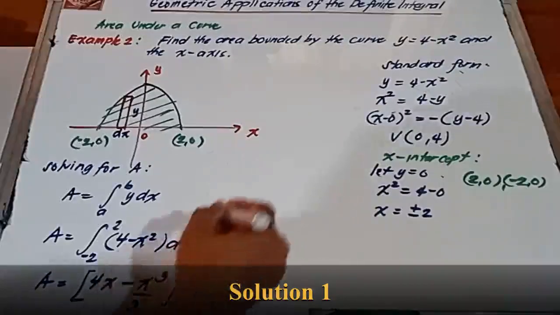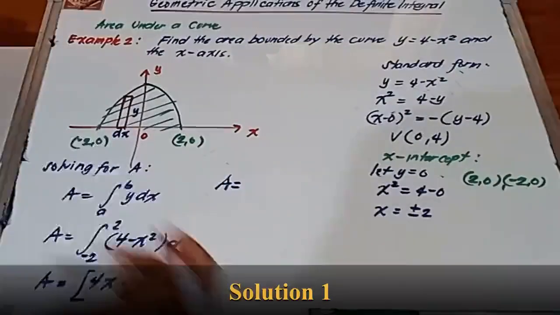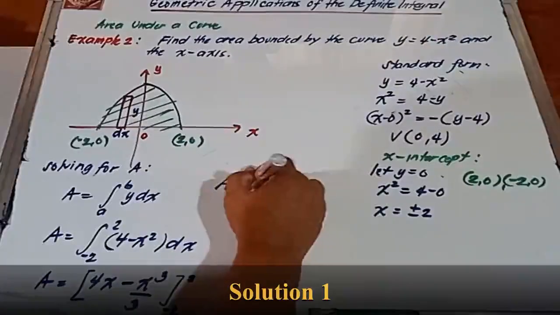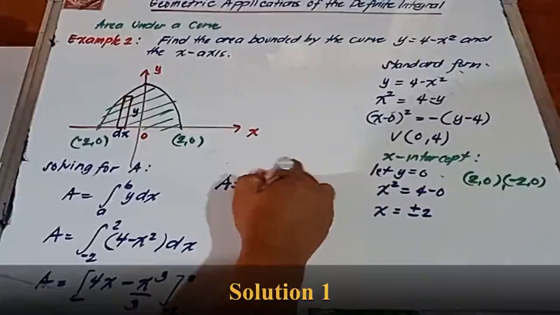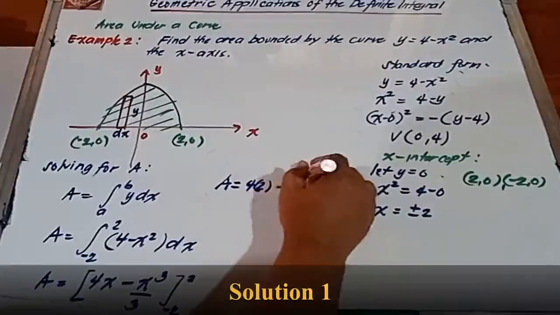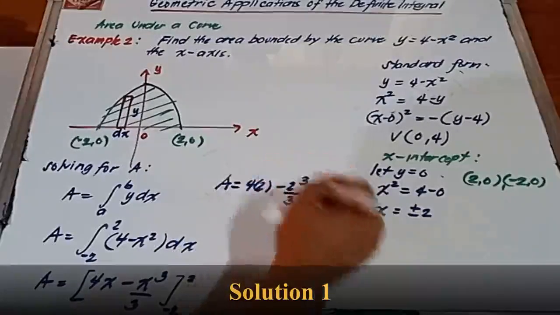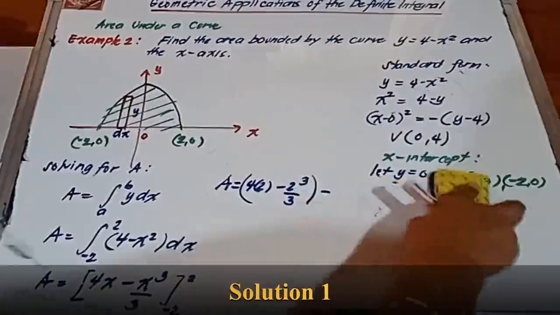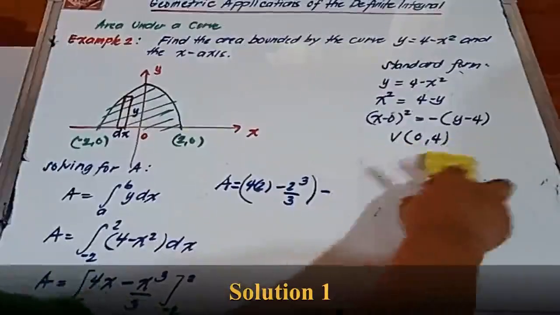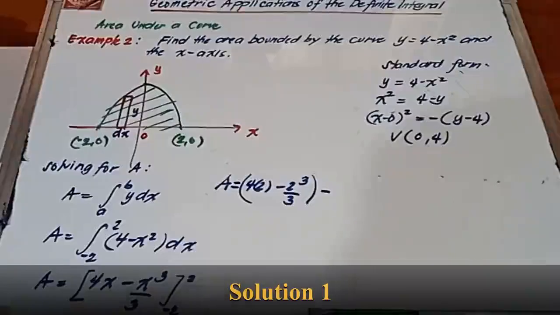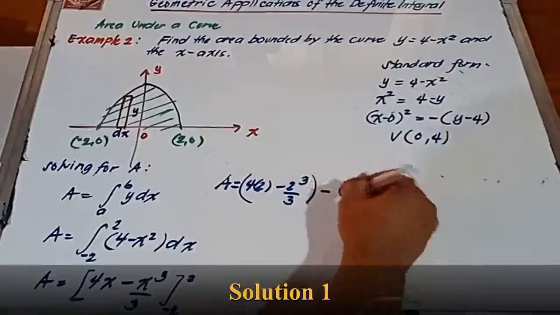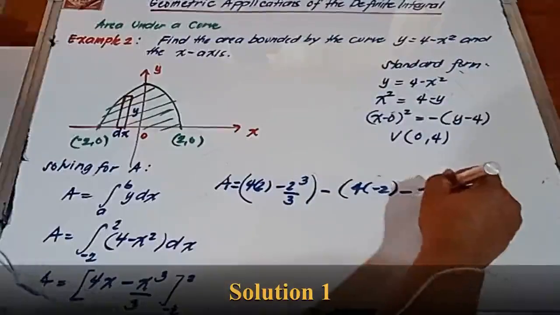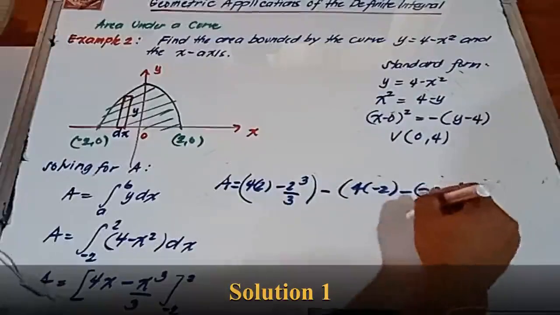Then substitute natin. We have A equal to, ito muna, 4 times 2, that is 8, minus 2 cubed over 3, minus, ito naman sa baba, we have 4 times negative 2 minus negative 2 cubed over 3.